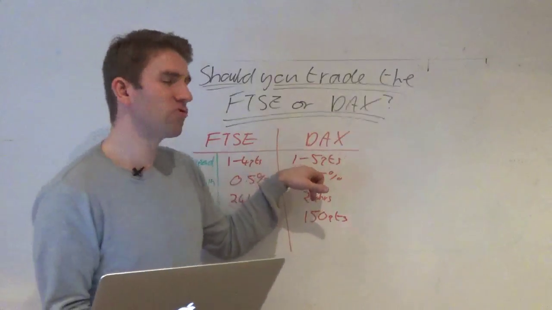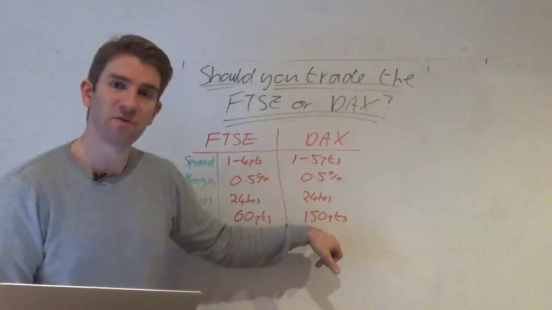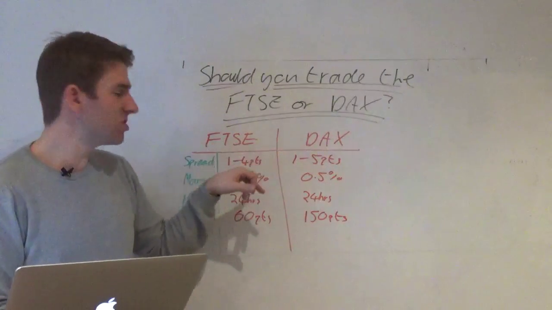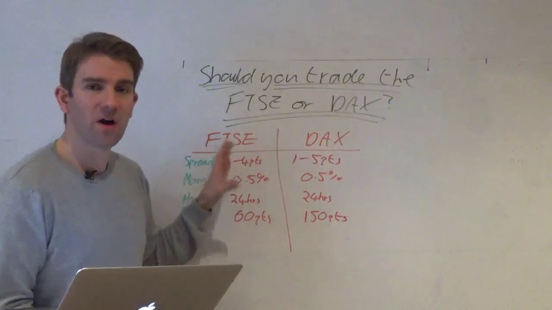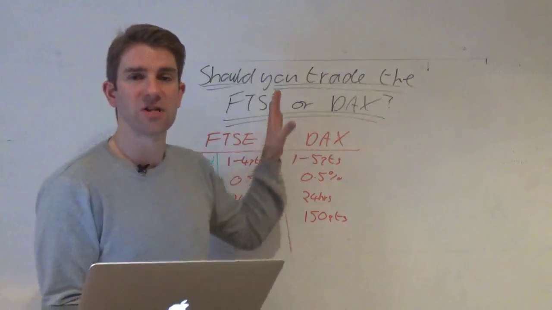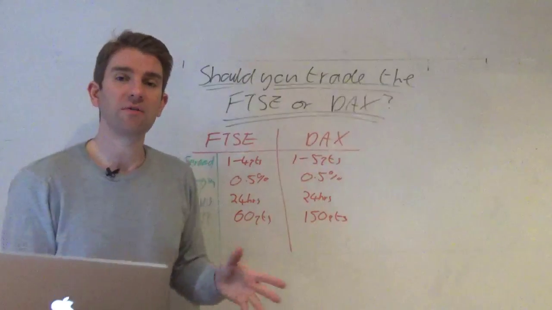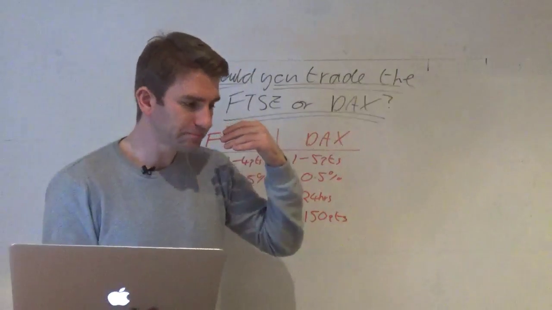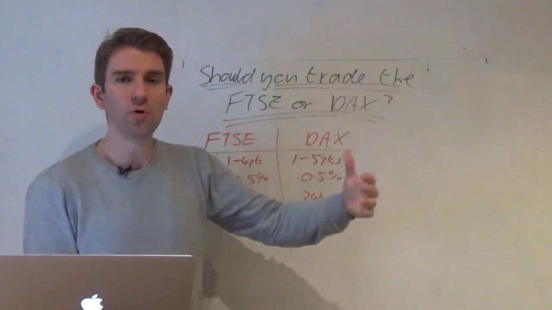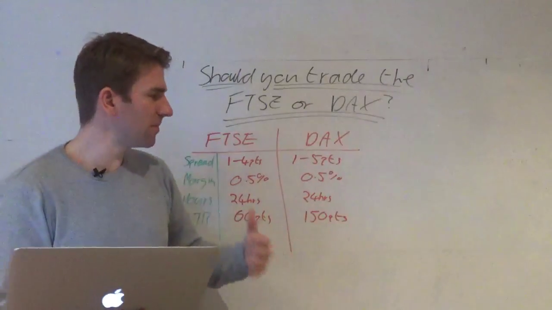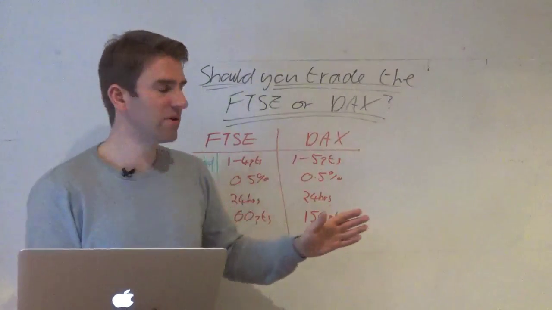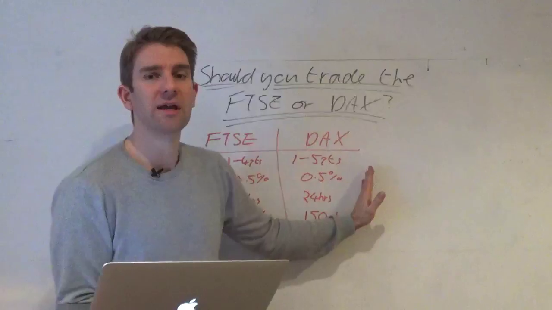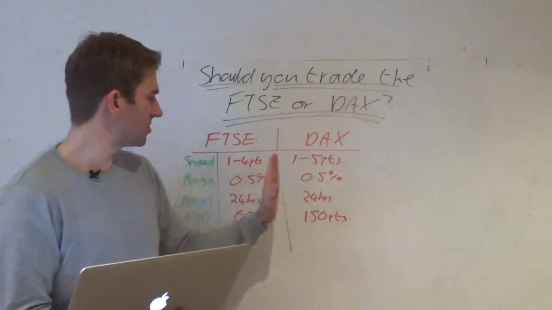Whereas the DAX, you're trading a 1 point spread and you've got a 150 point range. So the spread relative to the range is far, far higher on the FTSE than it is on the DAX. So if you're looking for big moves, and the spread becomes less significant, you want to be looking at the DAX, in my opinion, as opposed to the FTSE.